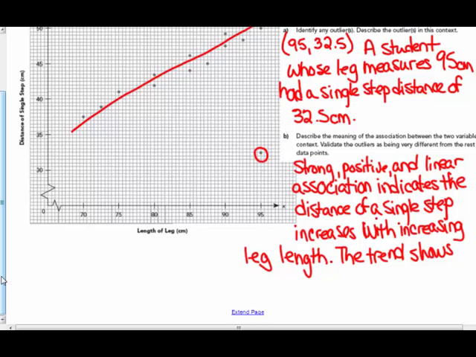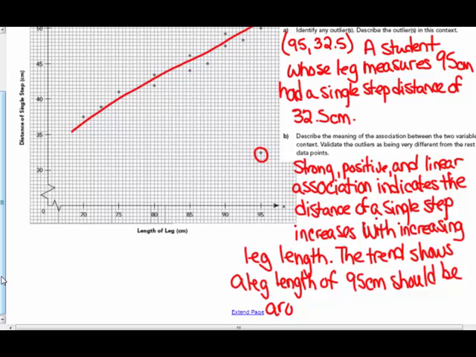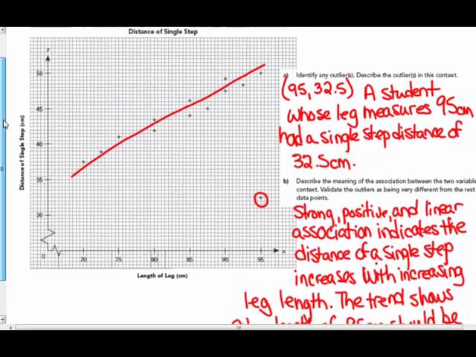The trend shows that a leg length of 95 centimeters should be around, let's go back and look at this. 95 centimeters should be, I'm looking up here, pretty close to 50.